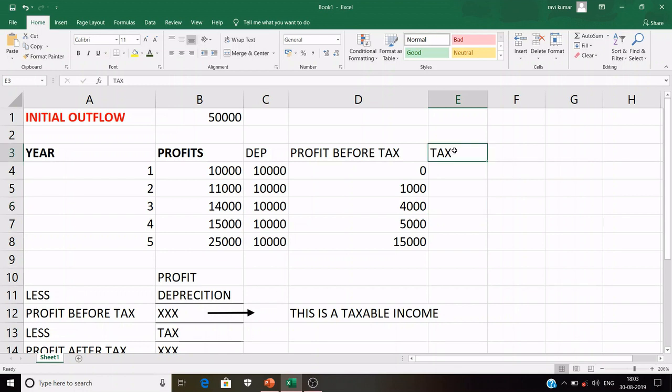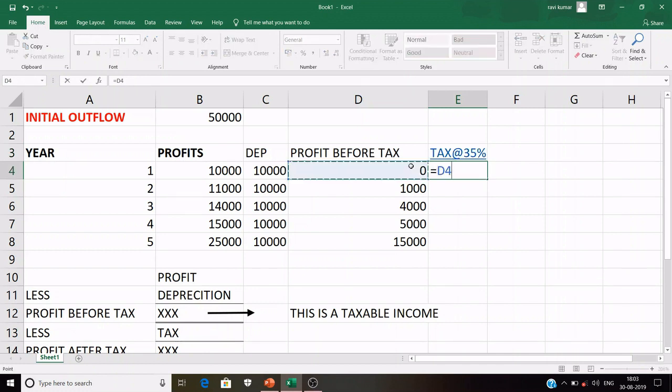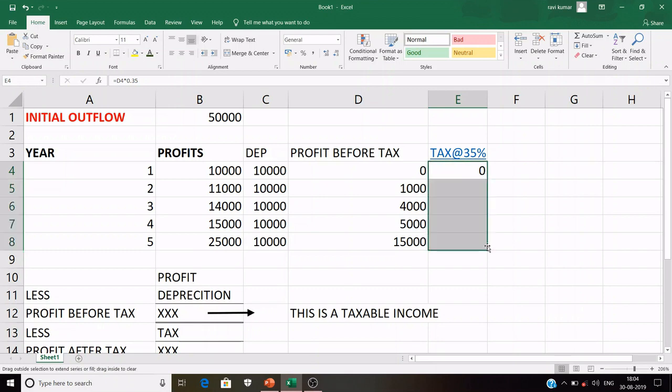So it is equals to profit before tax multiplied by 35%, 0.35. Enter. Now just drag it to calculate tax amount.